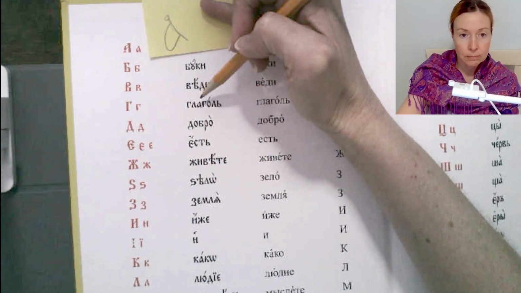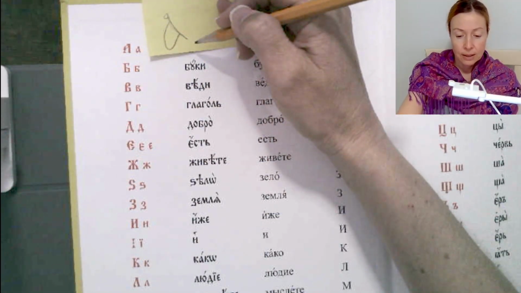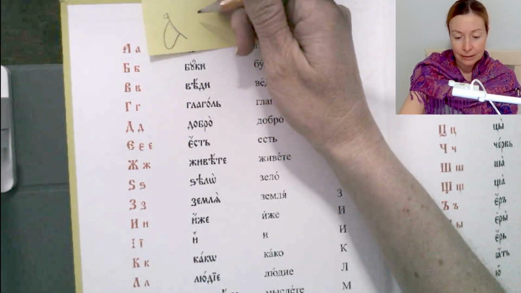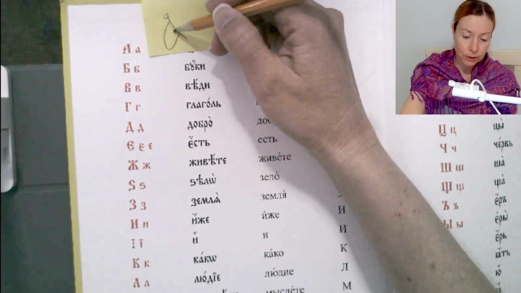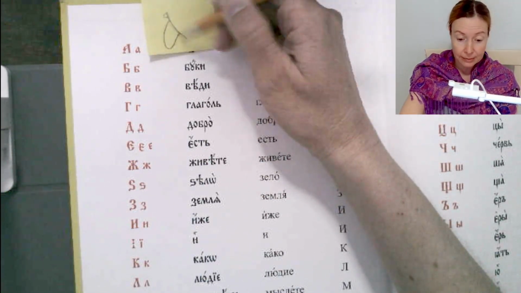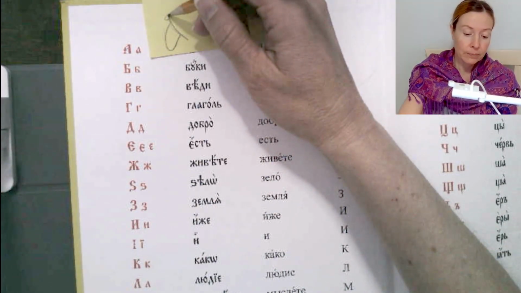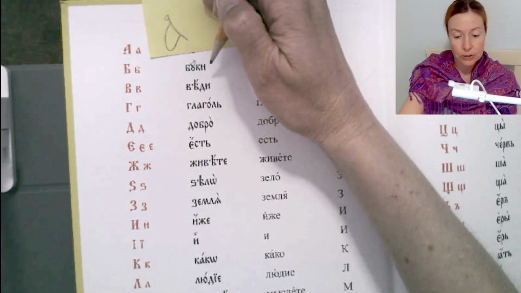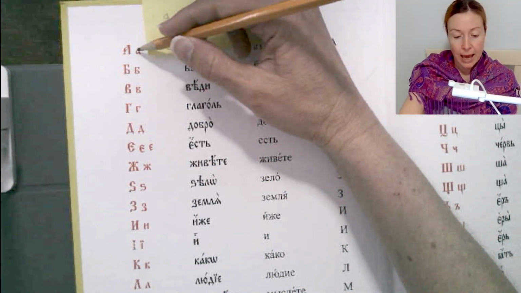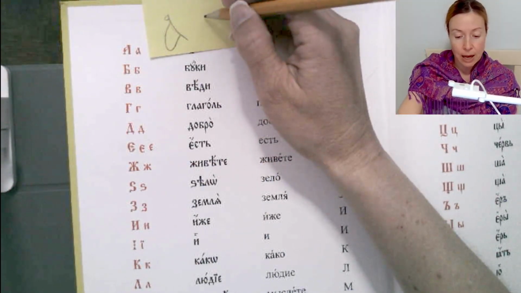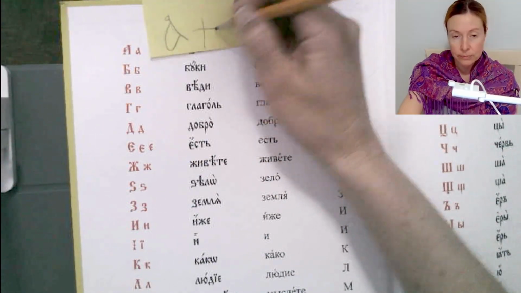And just off topic, an interesting fact: the Glagolitic alphabet, the one that was created even before the Church Slavonic, by Saint Kirill, the scholar who created the Church Slavonic alphabet, actually represented letter Az as a cross.